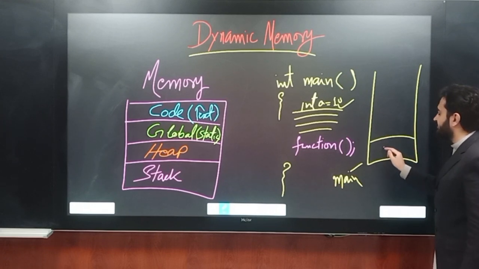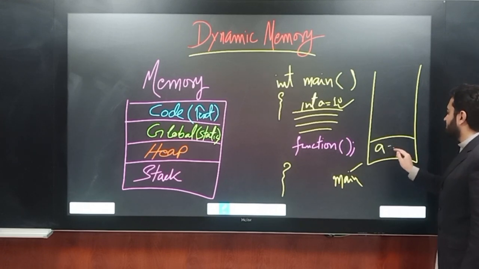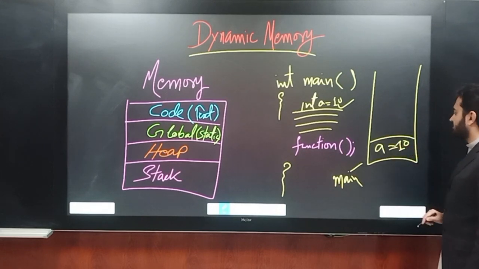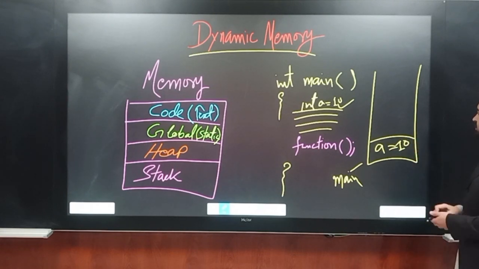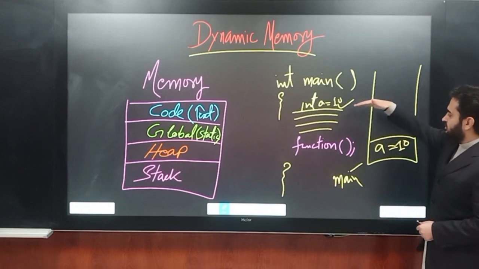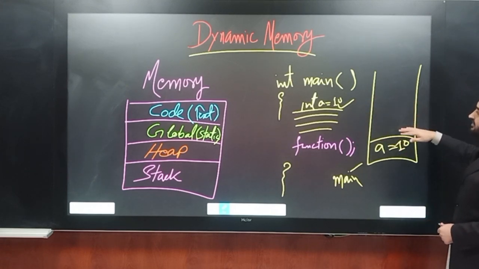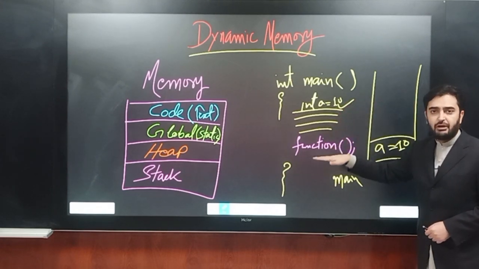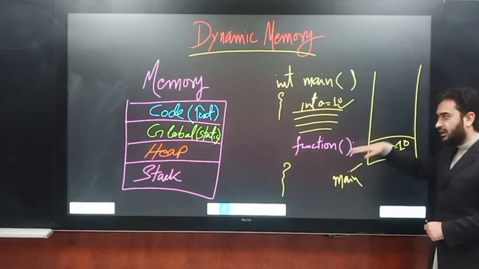So we will have a = 10. Okay, so this follows the principle of the stack. In this way we will push all items, all declarations and variables, even the calling of the function into the stack.